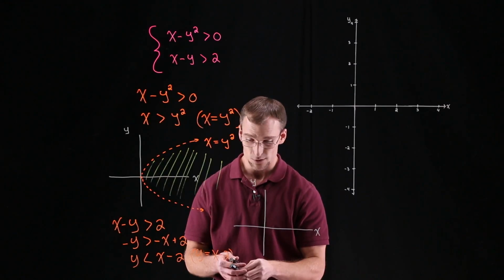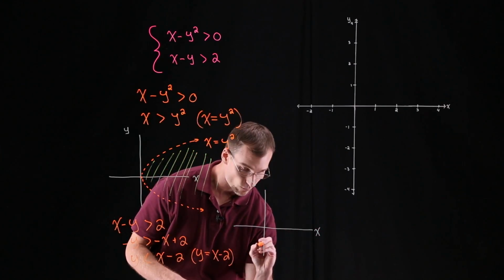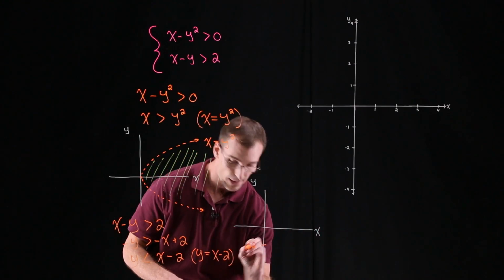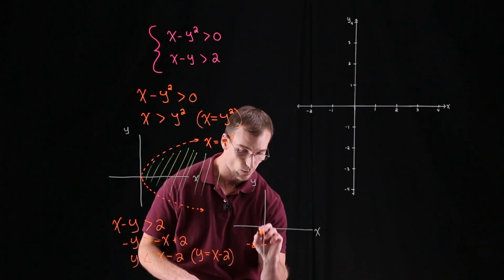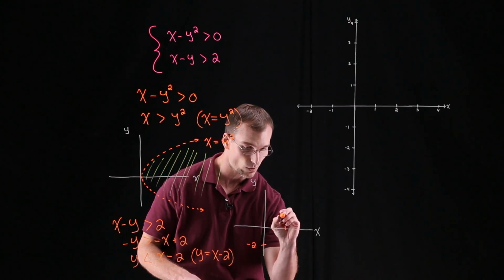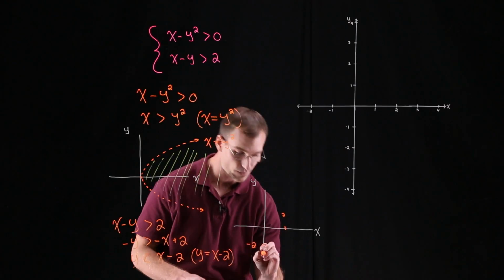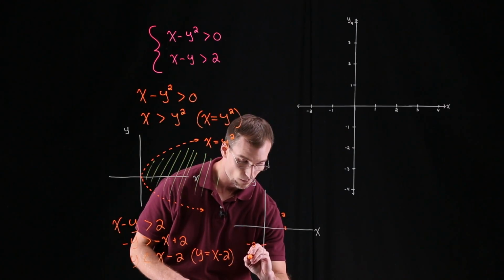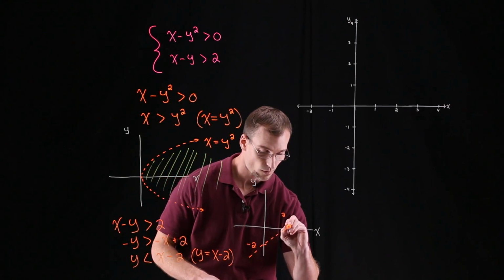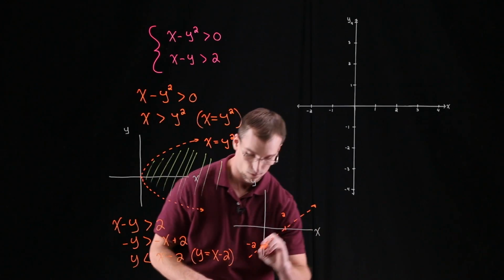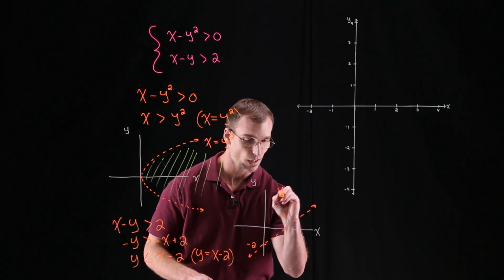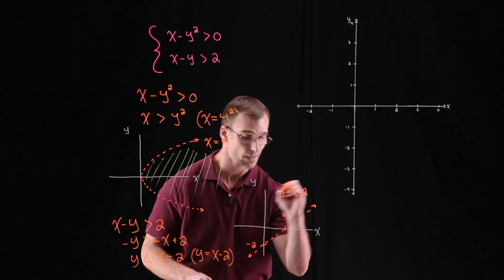If we consider y equals x minus 2, we have y-intercept at negative 2, and with slope 1, we can go up 2 over 2. We'll cross the x-axis at positive 2, and so get our line y equals x minus 2.